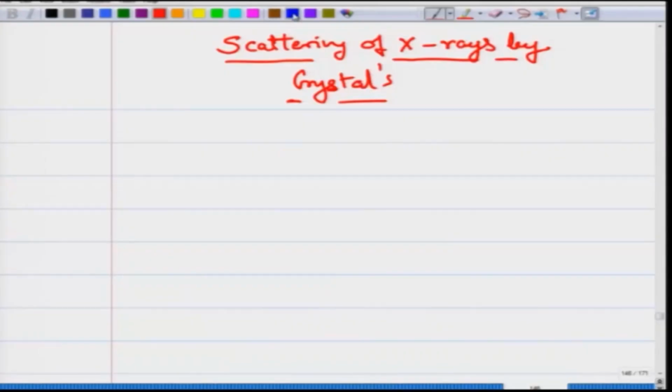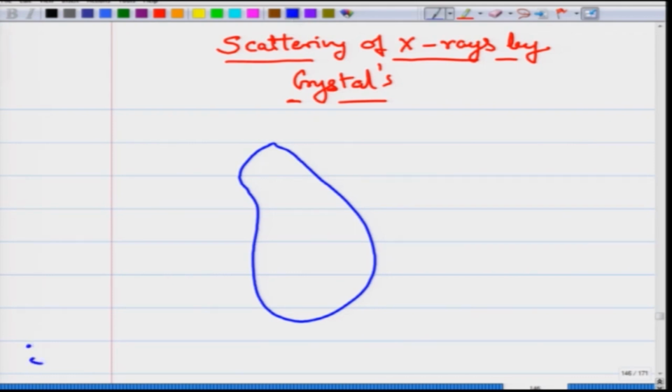So, let us describe how the X-rays are falling on a crystal and diffracting from the crystal or getting scattered from the crystal, and for that let us set up some directions. So, we have a crystal which we are showing here, and very far from the crystal we have the source of X-rays.